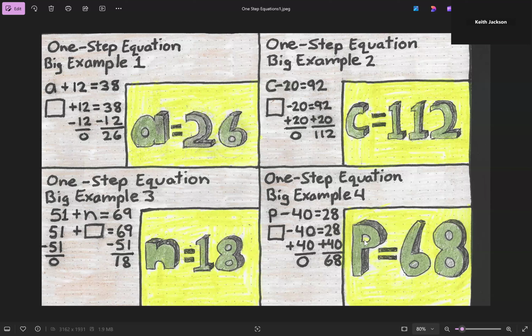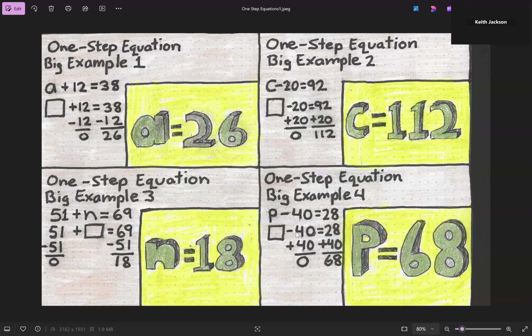Now let's move on to our final big example 4, in which we have P minus 40 is equal to 28. And the big question is, what number is hiding behind box P that when we subtract 40 from it, it would give us 28? Again, we're going to work with 40 because 40 is on the same side of the equal sign as P. And so we have a subtracted 40, so we're going to add 40 to both sides.